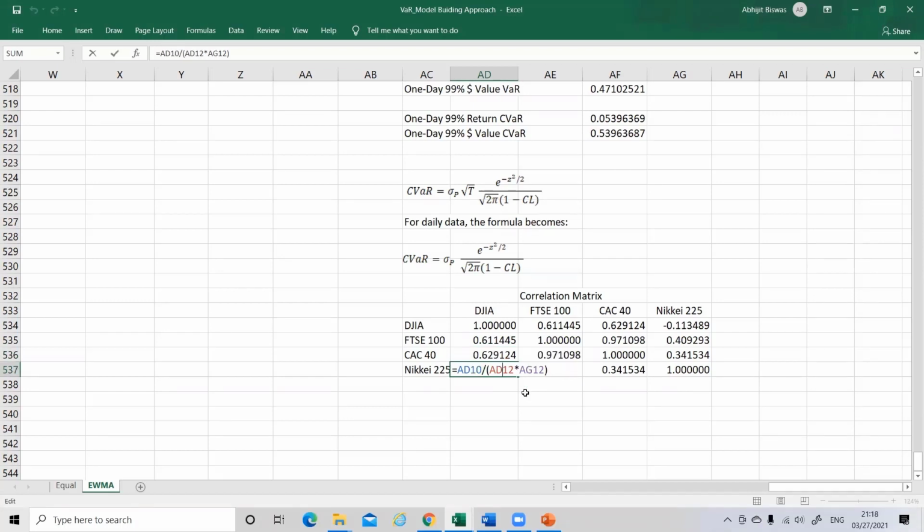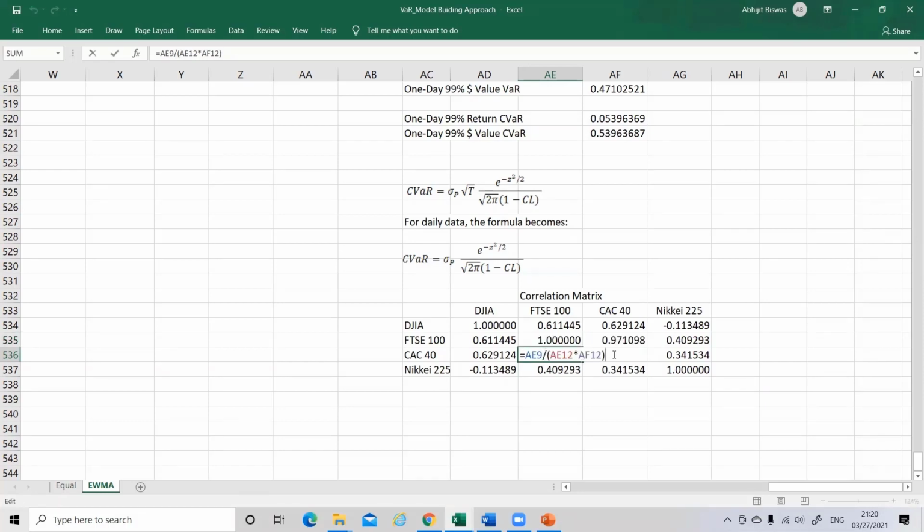Correlation between Dow Jones and Nikkei: AD10 by AD12 into AG12. The first one is already calculated, so just type equals AD535. For the 1, you can type 1, or you can also enter the formula and cross check whether you are getting 1 or not. If you get 1, then you can be 100% confident that the calculations you have made are all correct.